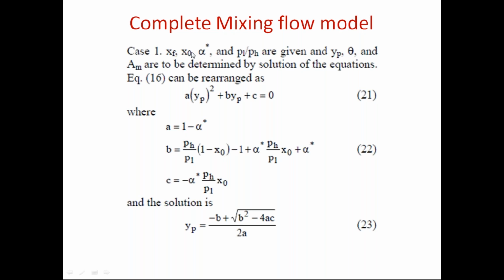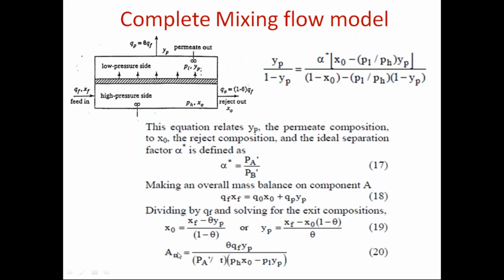Then you have XF, X0, alpha star, and PL by PH. So these are known. Then you are able to calculate the remaining. And having one X0 value, you can also calculate how much membrane area is required.